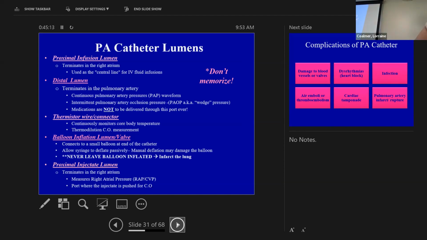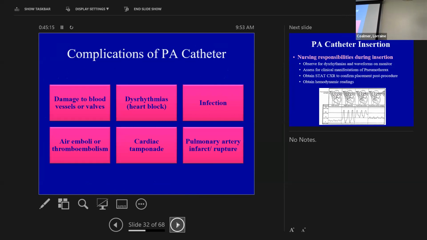If you go to critical care, you'll have a class. All right, complications. If these become disconnected from the monitoring system or the IV, you can have an air embolus. What do you do for me? Left side, Trendelenburg.